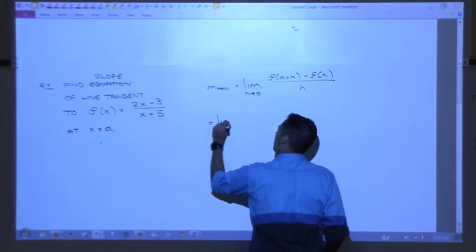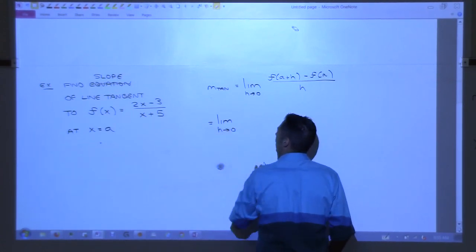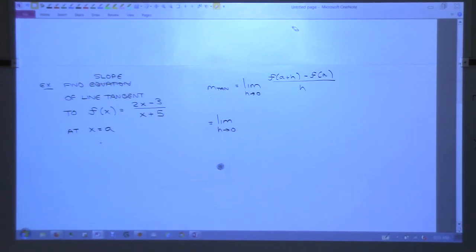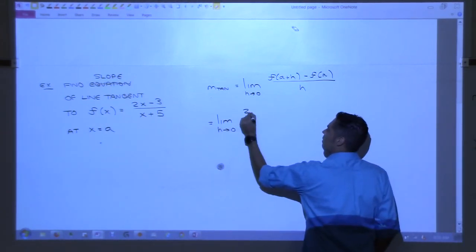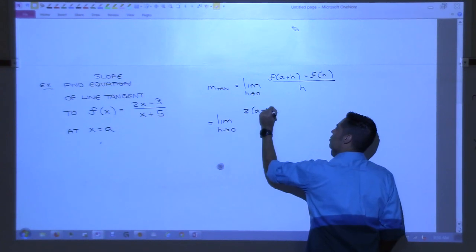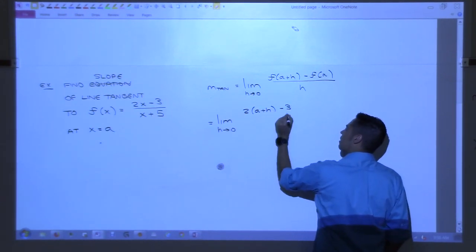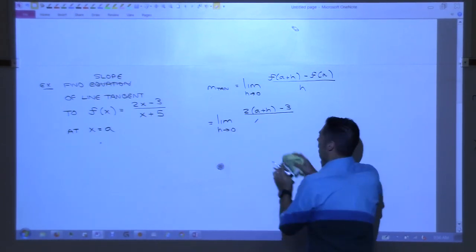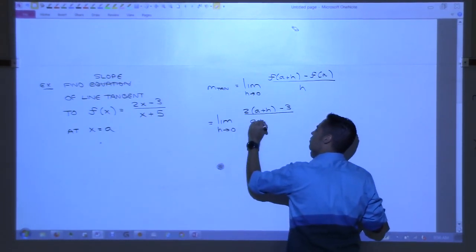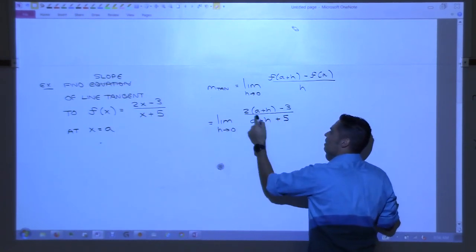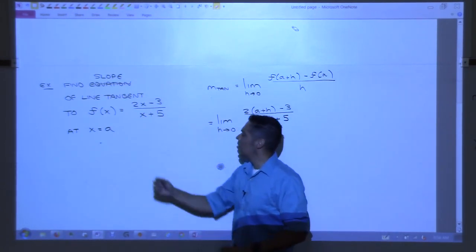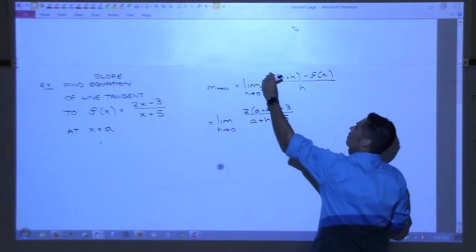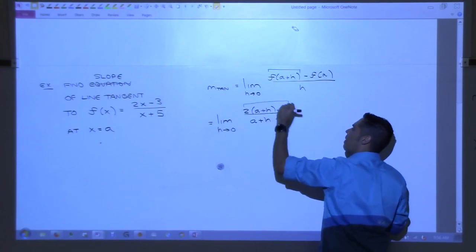What would f of a plus h look like? 2 times (a plus h) minus 3, over a plus h plus 5. Now, I don't necessarily need the a plus h in parentheses here because it was just x. So is that okay? That's just the top left portion.